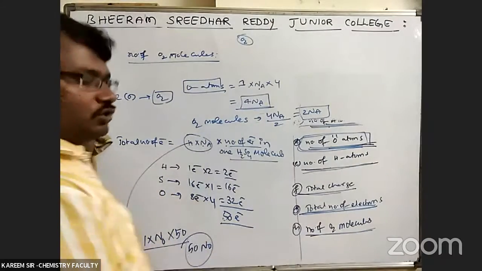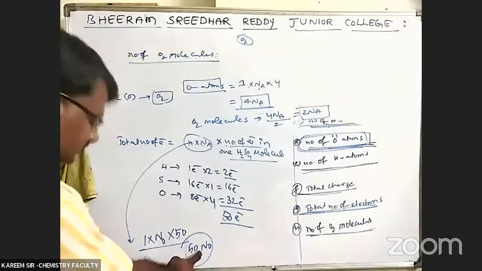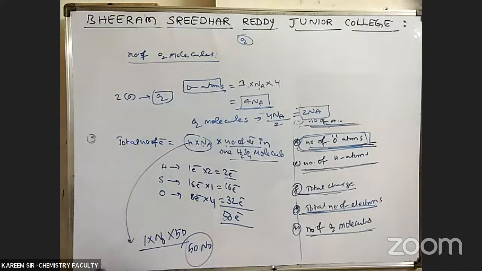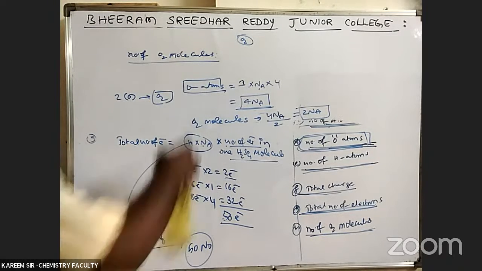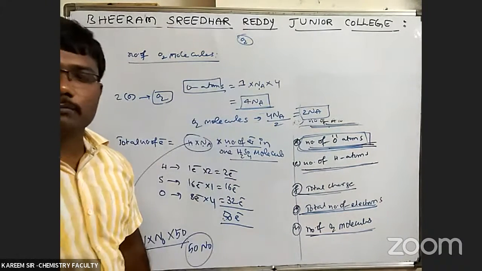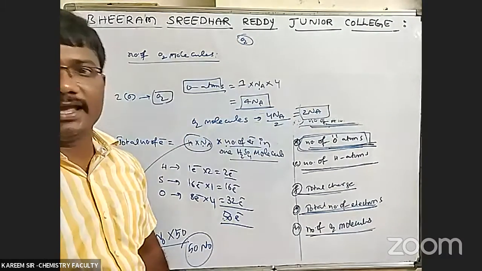Total charge 0. Total electrons 50 N0. Total moles 1. Total molecules Na into 1.